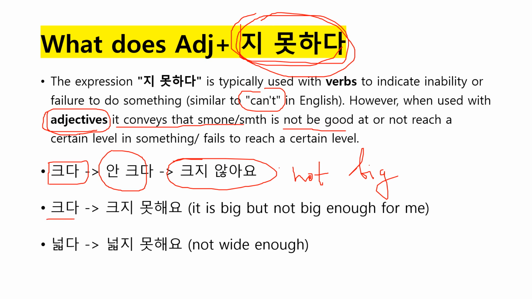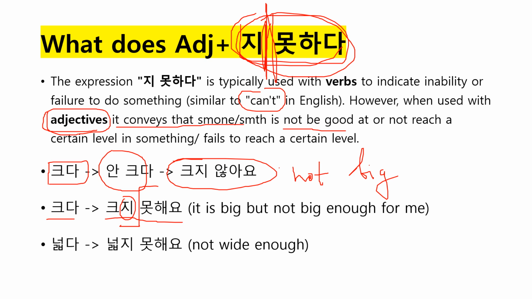Now we try to use it with 크지 못해요. The same thing, you add 치 못하다, and there's a space between them. So 크지 못하다, as you can see here, also there is a space. Don't forget to separate them. Not here, you don't separate it here. You separate it here. So it's big, but not enough for me, let's say.